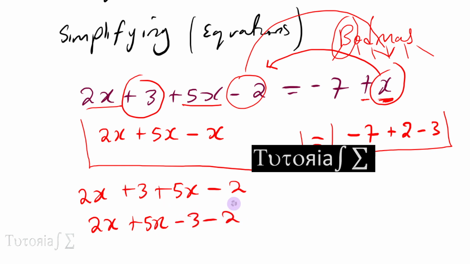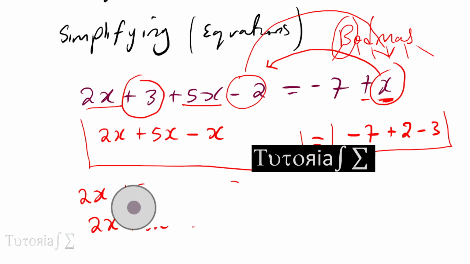No, it does not happen like that. The sign only changes if a number is crossing the equal to sign. If it is not crossing the equal to sign, you maintain the sign in front of the number until the end. So here now you start simplifying.